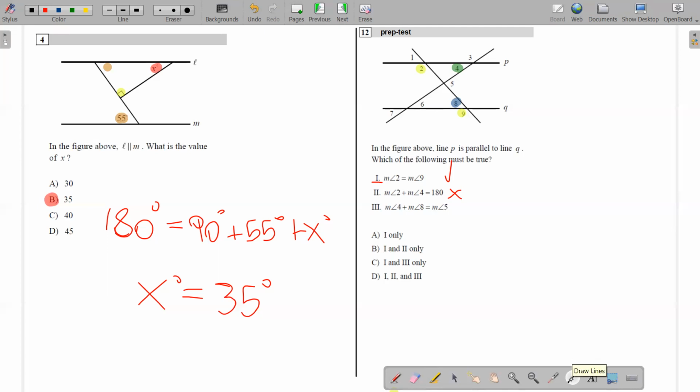Let's make now another line that is also parallel to P and Q. Let's call it M. Make a hole here to see angle 5, one second. However, now that I formed this new line, I form also many other similar angles.